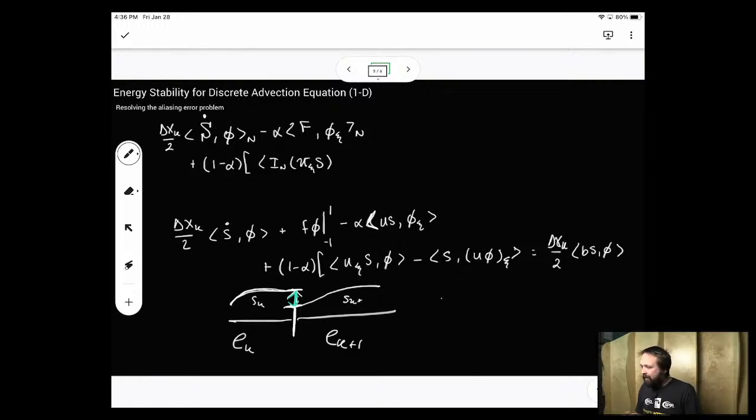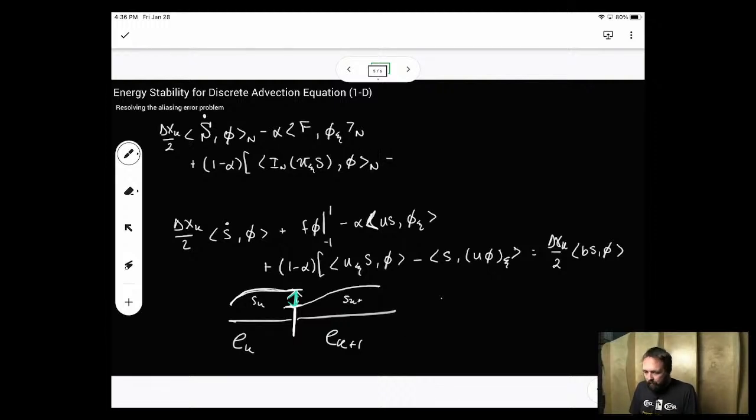So this is an aliasing error that we're purposefully incurring, because remember, u is a polynomial of degree n, s is a polynomial of degree n, and I'm going to restrict that to be a polynomial of degree n, when in fact it's actually a polynomial of degree 2n. All right, so that's the inner product with phi_n.